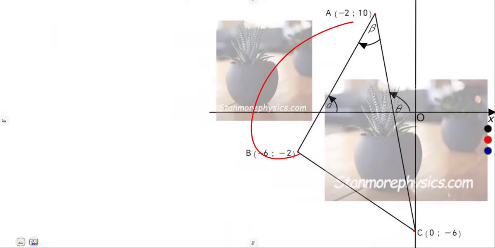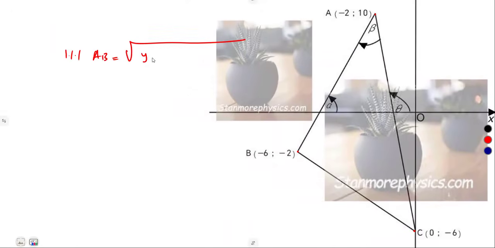We have got A and B, so we can simply obtain the length of AB from the formula. We can use y2 minus y1, or you can even use the x values, x2 minus x1. Any one that you can use, the order does not affect the result.